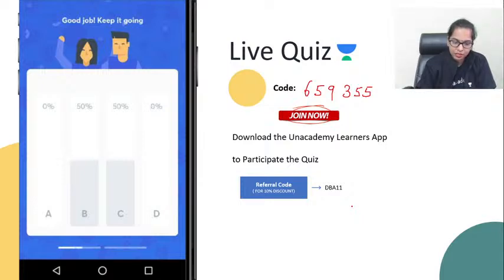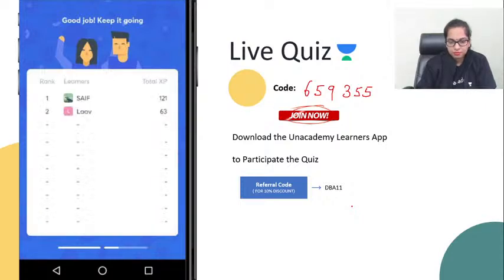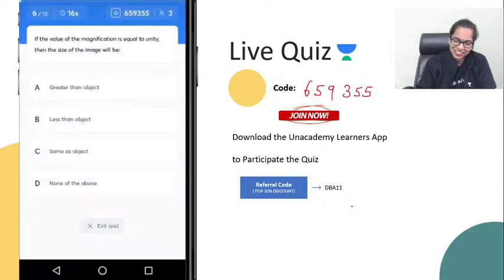This time try to attempt it. We'll increase the time next time. Next time for sure. If the value of magnification is equal to unity, then the size of the image will be greater than the object, less than the object, same as that of the object.